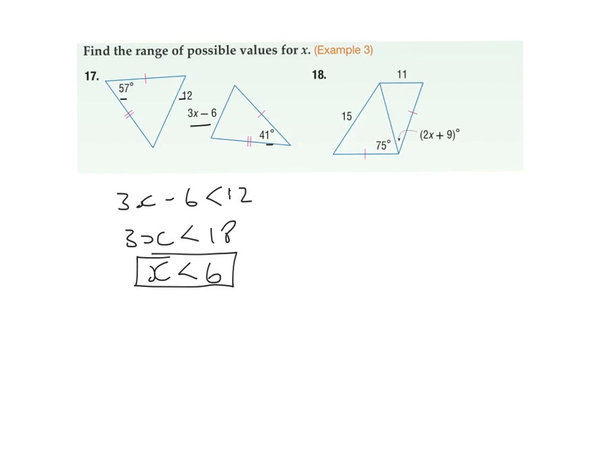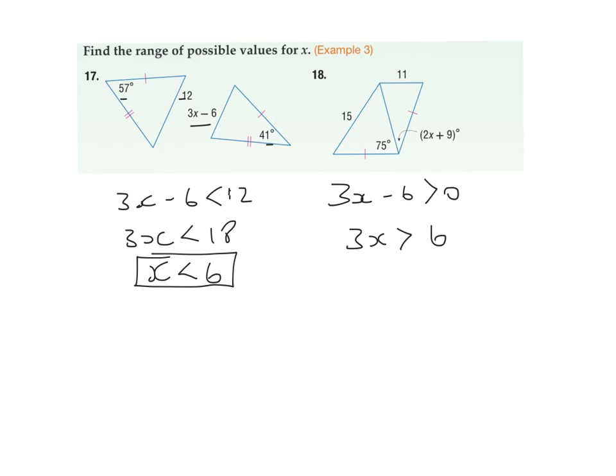What's the second part? Well, the second part is the fact that 3x minus 6 is a side, and sides must be positive, so it must be greater than 0. Again, using the theorems of algebra to solve an inequality, add 6 to both sides, so 3x must be greater than 6.